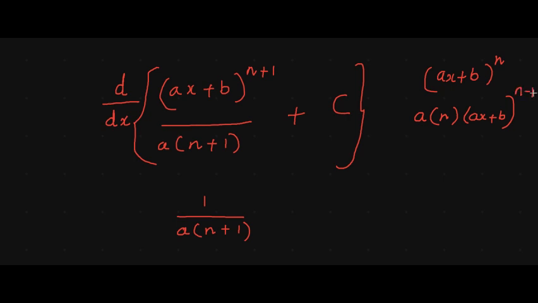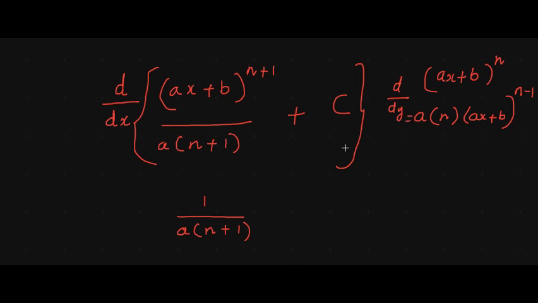So you'll have an multiplied by (ax + b) to the power of n minus 1. This is the derivative formula. Basically, if you want to do the derivative, that is the formula.